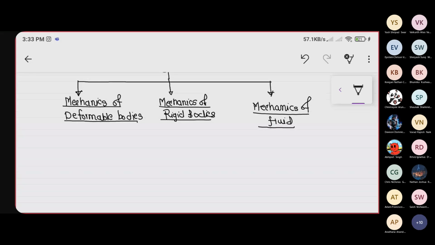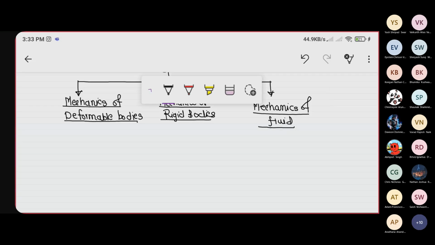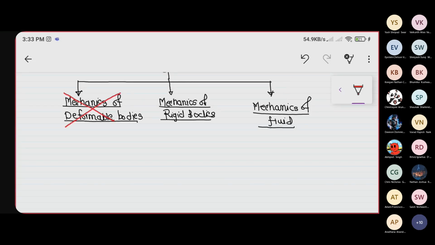that will come under mechanics of deformable bodies. In your syllabus, mechanics of deformable bodies is not there, because this is more core to the mechanical engineer. You want the basics, so we are not going into the mechanics of deformable body.